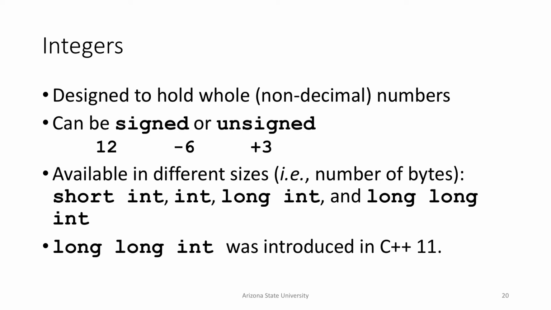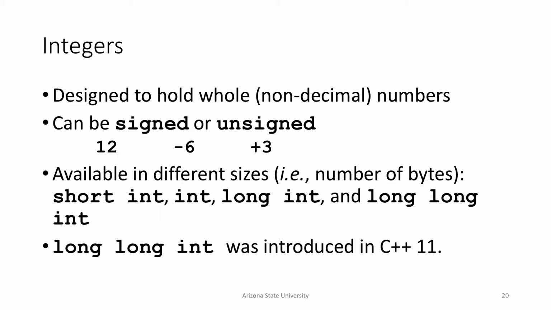But because it's signed, how do you actually represent the negative values? What happens here is that one of those 32 bits is what's called a sign bit. And I think I have a slide about this too. So one of those bits is a sign bit, and then the other 31 bits are going to say how large this value is, and how negative this value is, depending on what the sign bit actually is.